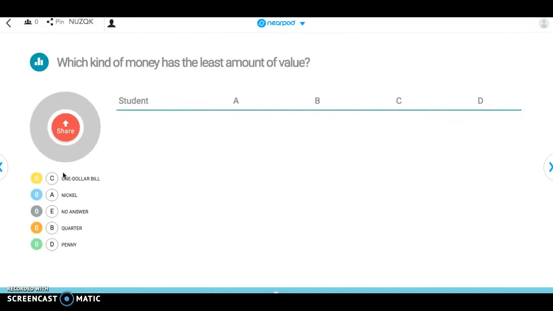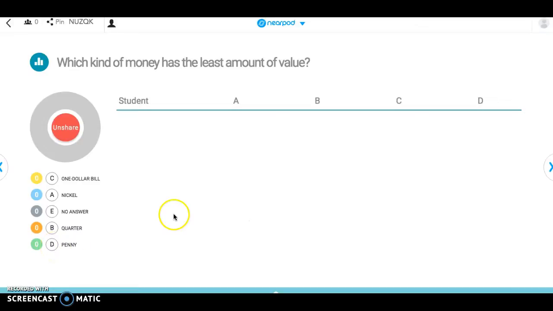First off, I would ask my students which one of these has the least amount of value: a $1 bill, a nickel, a quarter, a penny, or they have the option to hit no answer, which I would highly suggest they not do. And of course, we would select that a penny has the least value.